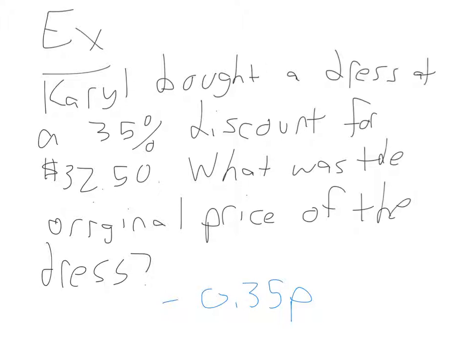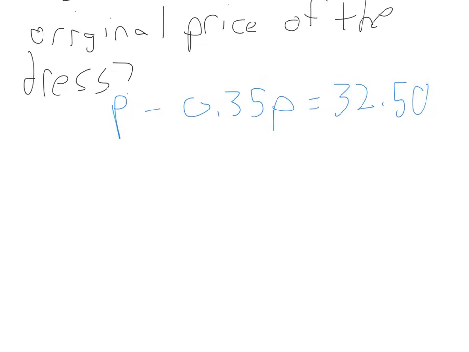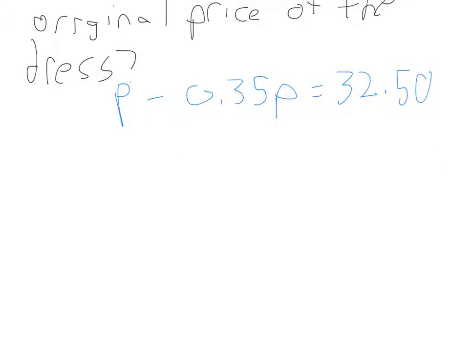So if we subtract 0.35 times p from the original price, that's how we get down to $32.50. Alright. Remember, whenever there's no number in front, that's like having a 1.